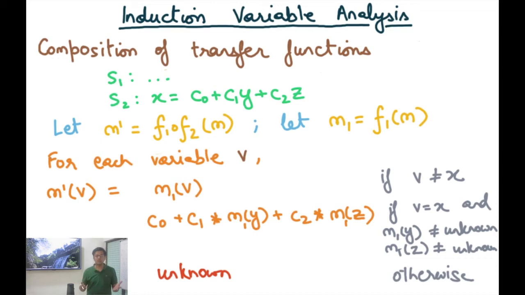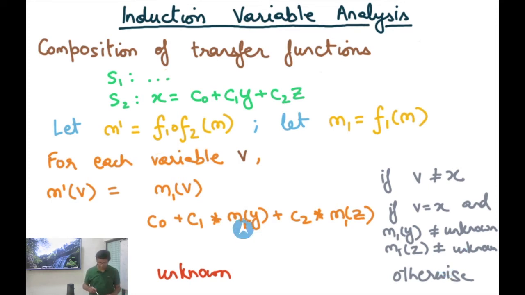And so the composition is nothing out of the ordinary. We just use the same thing for each variable v. M prime v is now just that, except that instead of mv, I'm using m1v, because m1 is the result of applying f1. If v is not equal to x, similarly c0 plus c1 into m1y plus c2 into m1z, if v equals x and m1y is not equal to unknown and m1z is not equal to unknown, otherwise it's unknown.